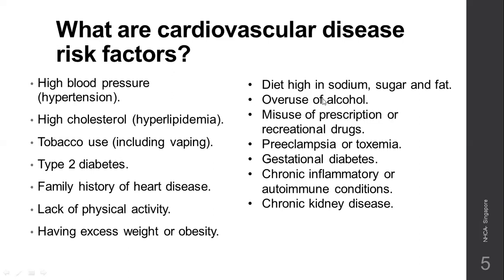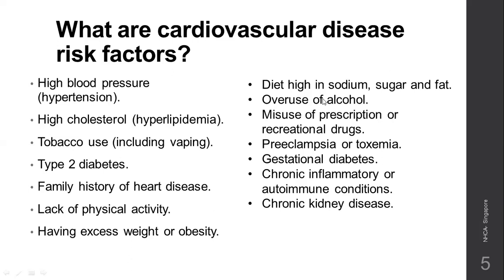Gestational diabetes is the same diabetes that happens during pregnancy. What is the gestational period? The entire time when she's pregnant. Soon after delivery, soon after labor, she is no longer in the gestational period.